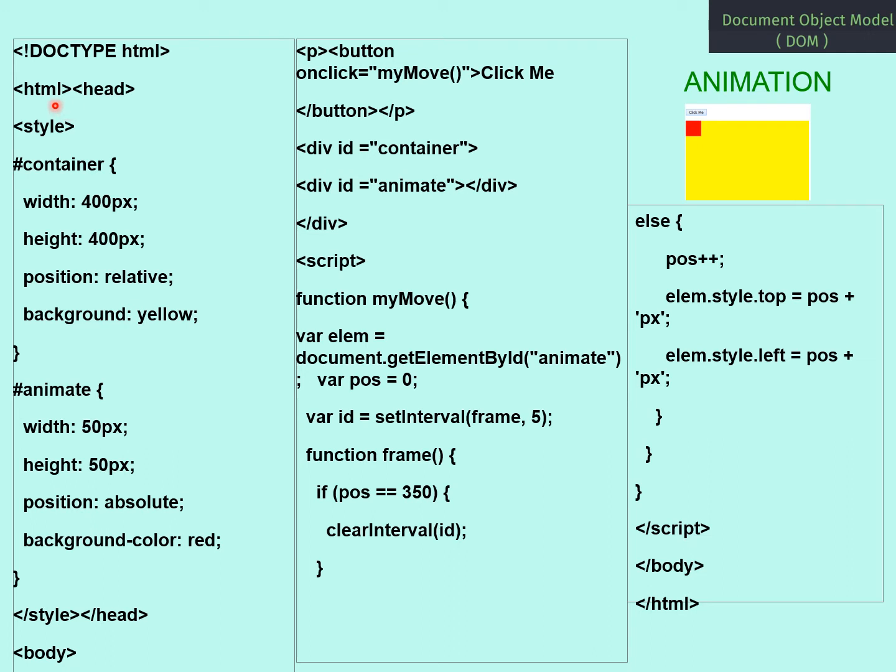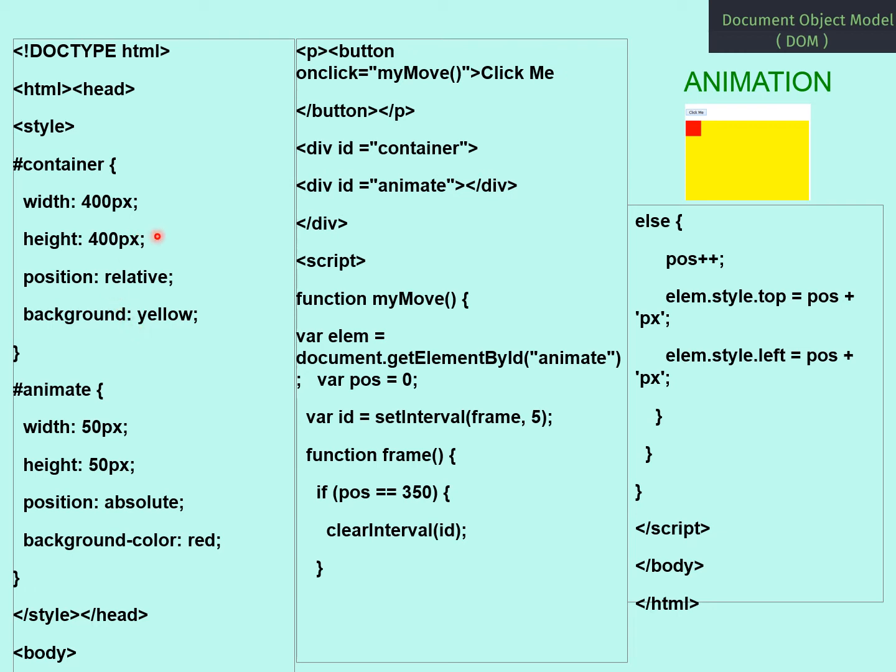An HTML tag is opened, then comes the head tag, then comes the style. The style has some definitions. #container is a style definition where width, height, position, and background color are specified. Here width is 400 pixels, height is 400 pixels, position is relative, and background is yellow.